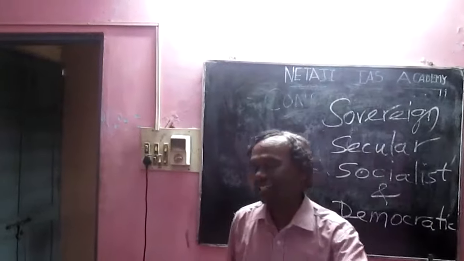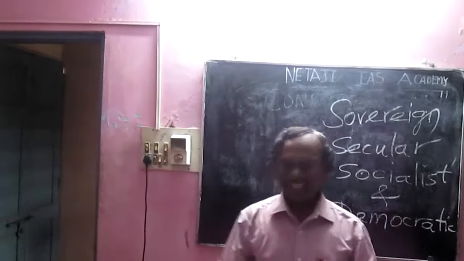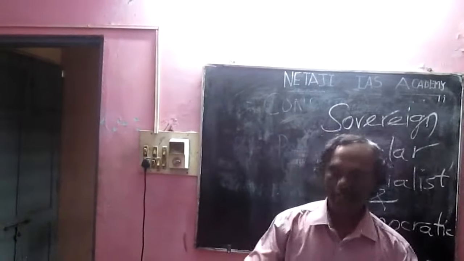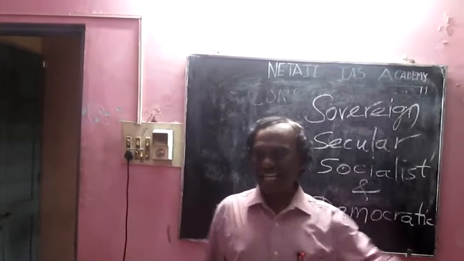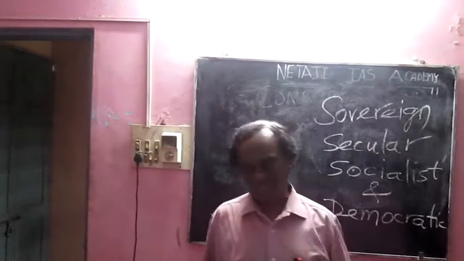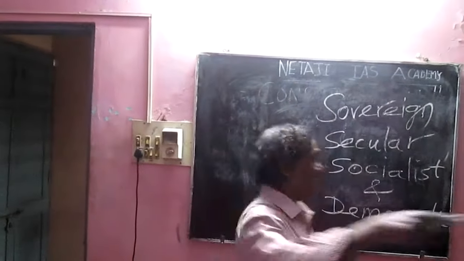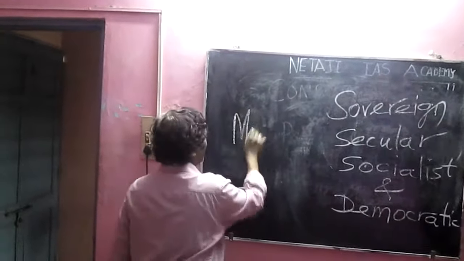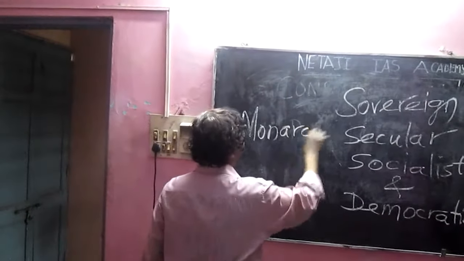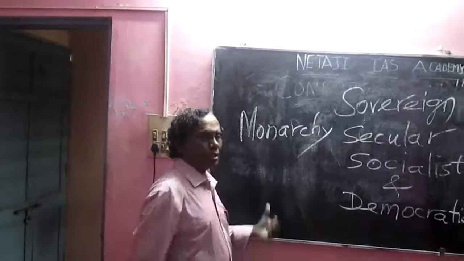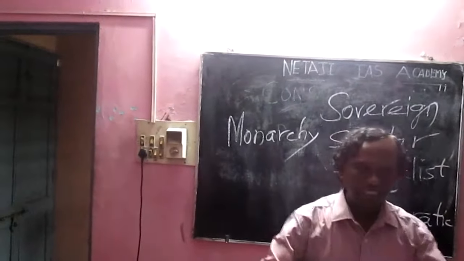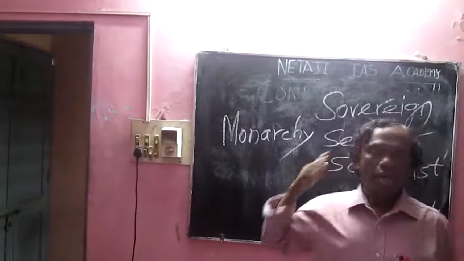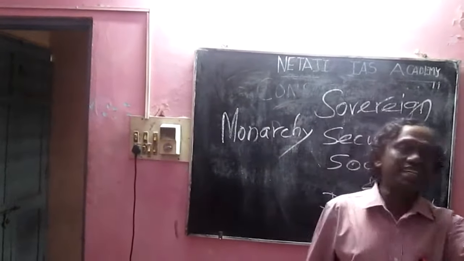Republic means the head of the state is elected. India and America have a republican constitution. England has monarchy. Monarchy means the head of the state comes through heredity.